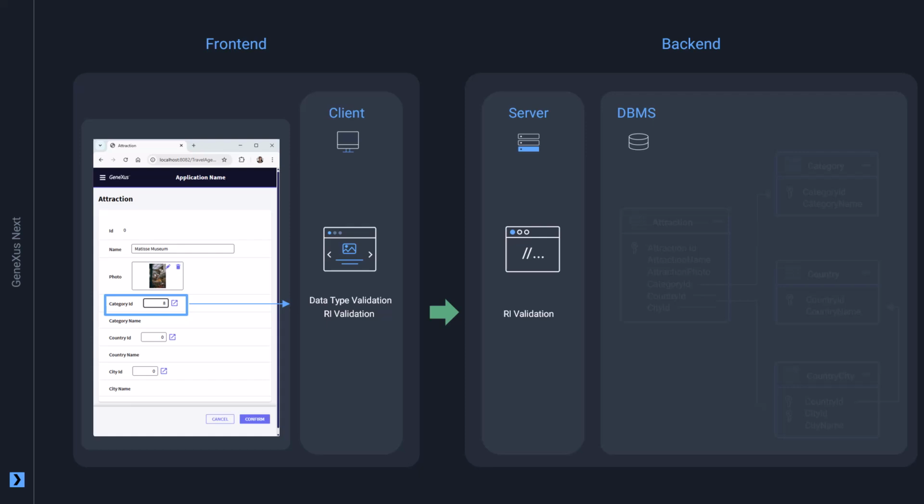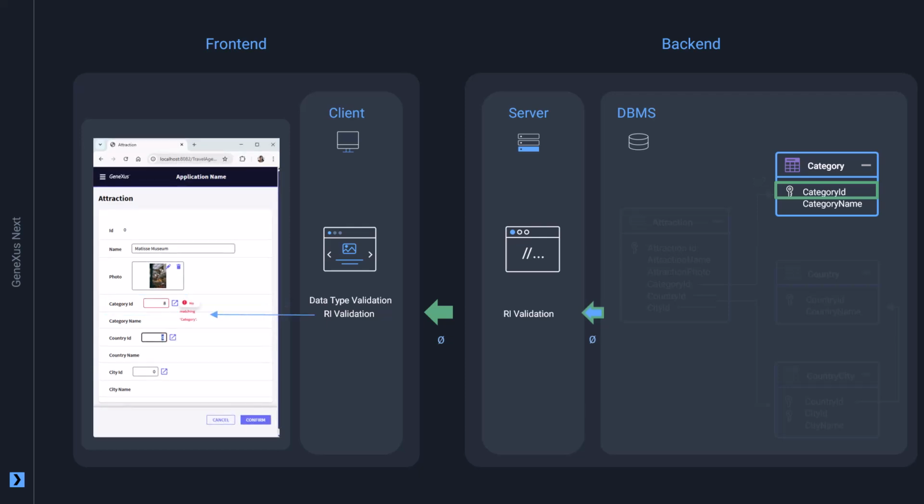So, it is the transaction code shown here that makes a call to the database, looking for a record in the category table with, in this case, primary key value 8. If it doesn't exist, the database software will return a not found code to the program on the server, which will be returned to the client, so that the screen displays the no matching message that the user sees instantly.